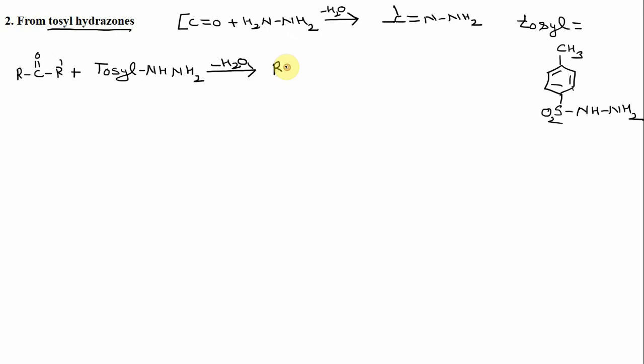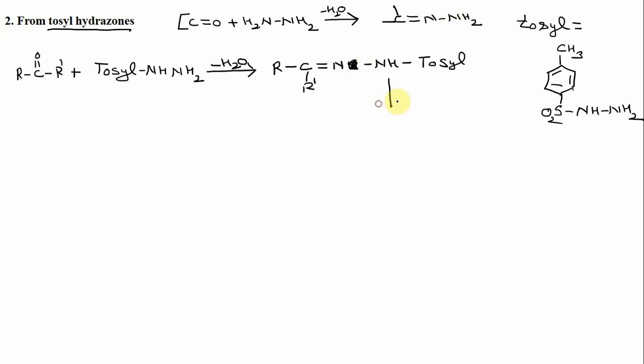So this will give you a double bond N, NH, tosyl group, and here it will be your R prime. Sorry, here it will be N, not NH. Since there is a loss of water molecule, it will be C double bond N, like here.